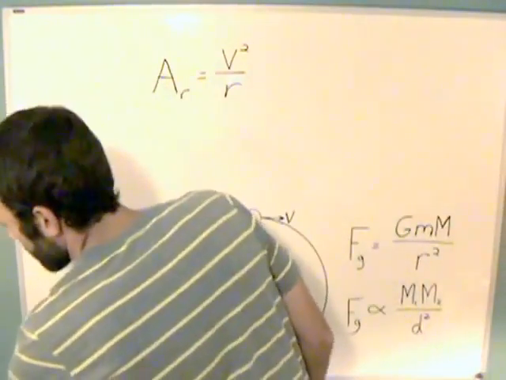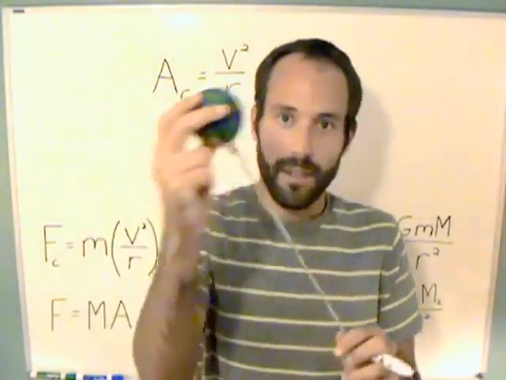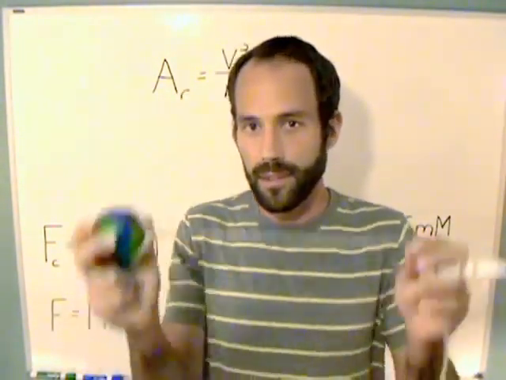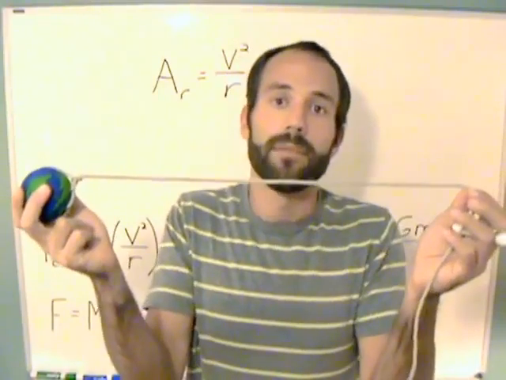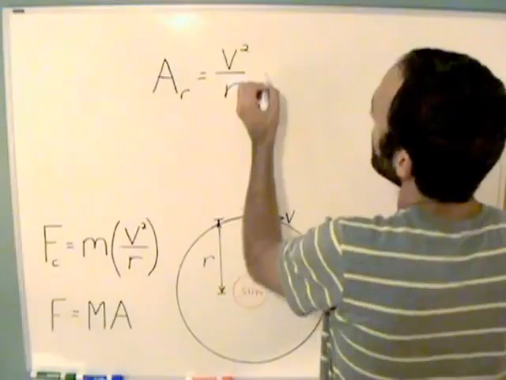And let's say, just for a quick example, that when I'm spinning this, it's traveling at 1 meter per second, and let's say that the length of this string is 1/10 of a meter, just to keep it easy, which is 0.1 meters.